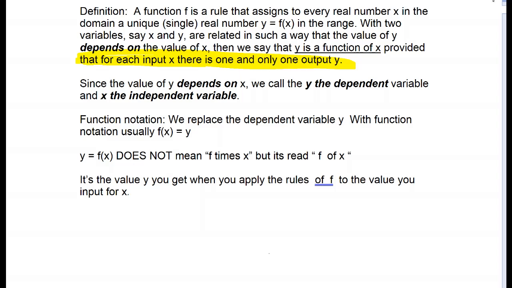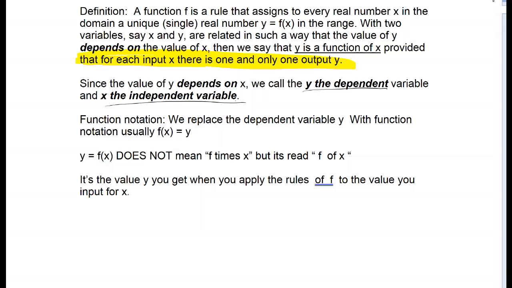Once I do all of my rules on my x value, I get a new value, and that single new value, that one and only one y value that pairs with my x value, is unique. That makes it a function. So y depends on x. So y is always the dependent variable, x is always the independent variable, because I get to choose. Independent means I get to choose what x value to plug into my function. y depends on what x value I choose.